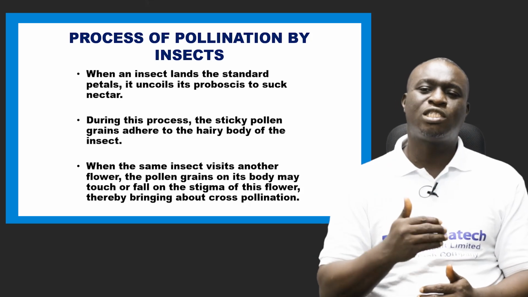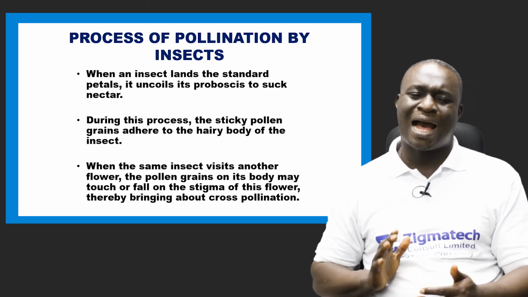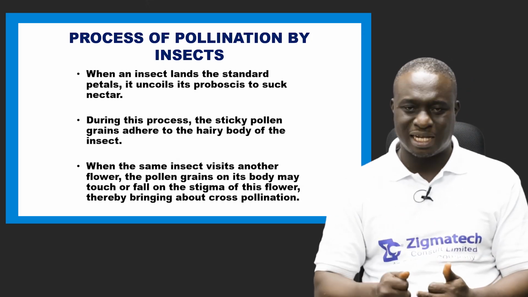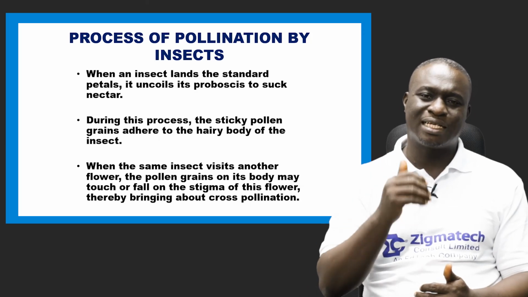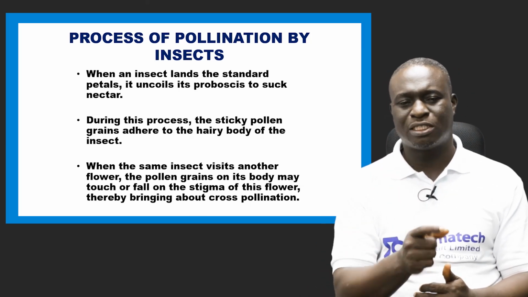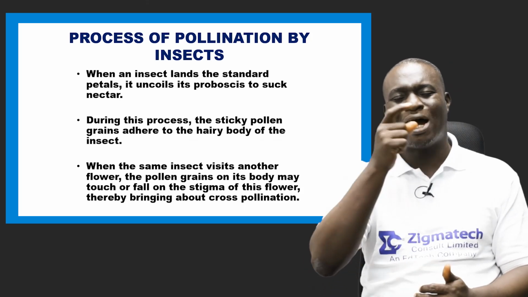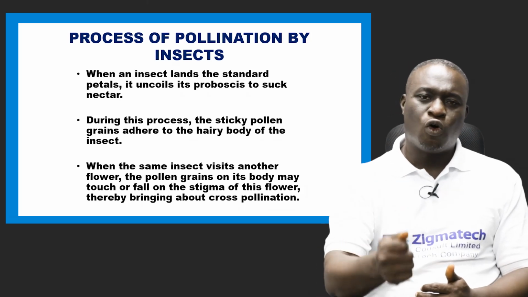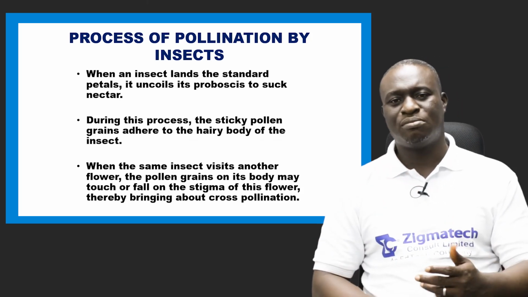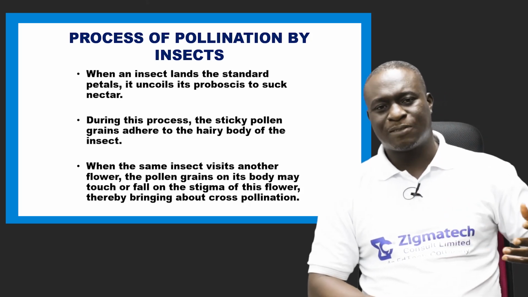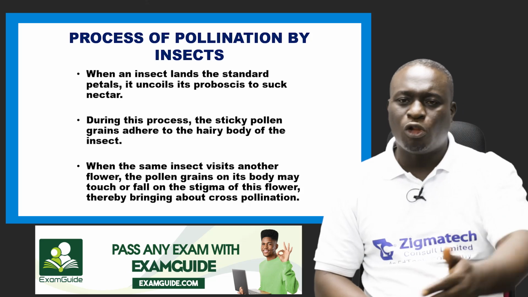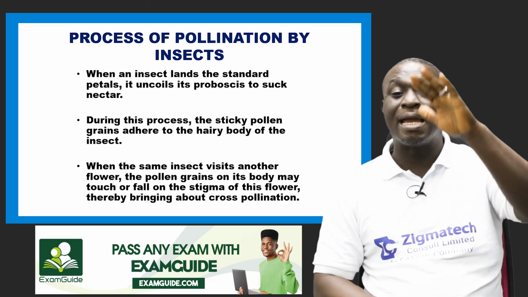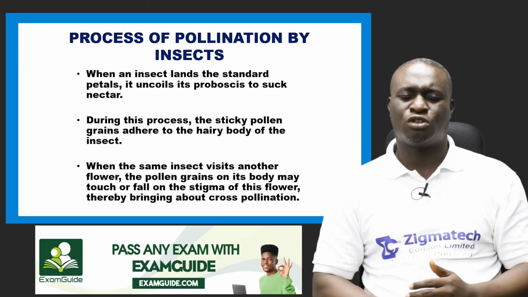So most times these sticky pollen grains adhere or attach themselves to the hairy bodies of these insects. Once this insect has finished sucking nectar from a flower, as it flies to another flower to suck nectar, these pollen grains that are attached to its body fall off, and if they fall on a mature stigma, that brings about cross-pollination.